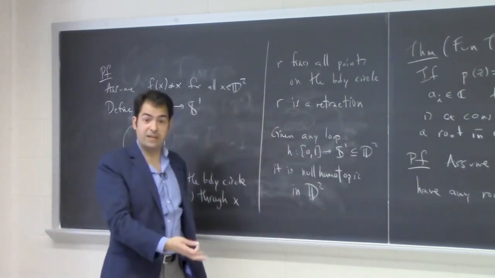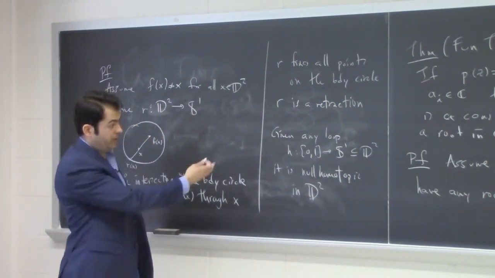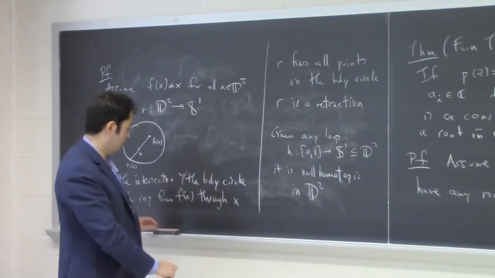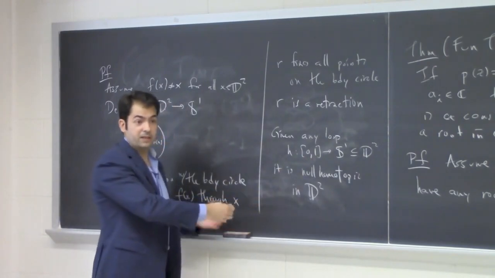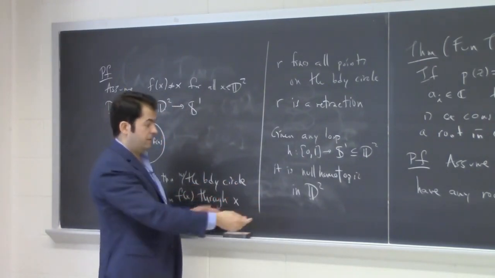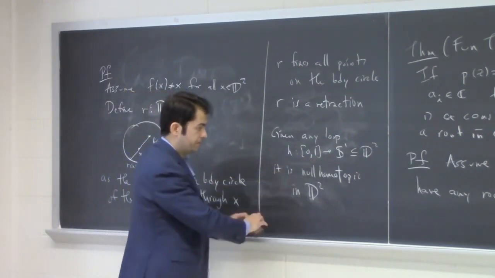Because D2 is a convex subset of Rn. So you can always just take the constant loop with the same base point and then take the convex combination and move this loop to that one.